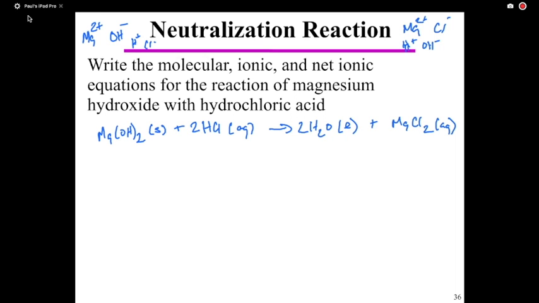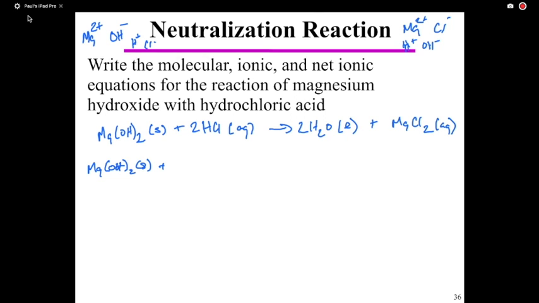All right. 4 questions. After I've determined, does magnesium hydroxide dissociate or break apart? Nope. Drop it down. Okay. Does hydrochloric acid dissociate? It is an acid, but it's a strong acid, so yes, it does.